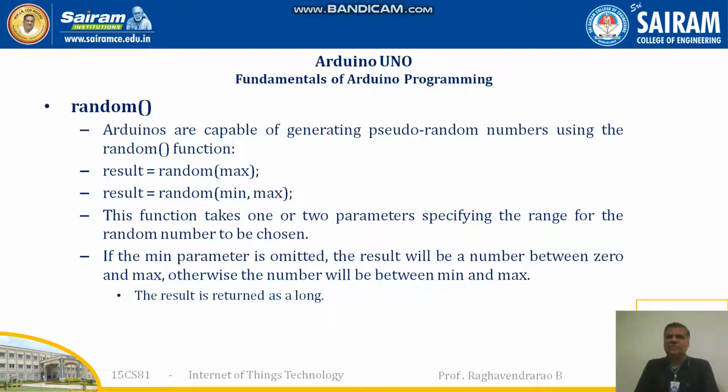And random(min, max) uses two parameters. This function takes one or two parameters specifying the range for the random number generation. If the minimum parameter is omitted, the result will be a number between 0 and max. Otherwise it is specific.